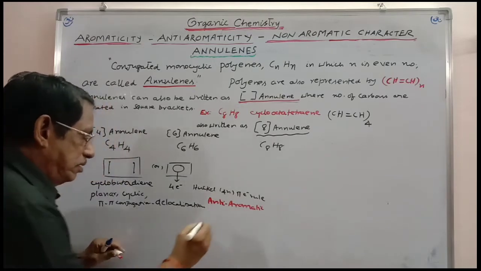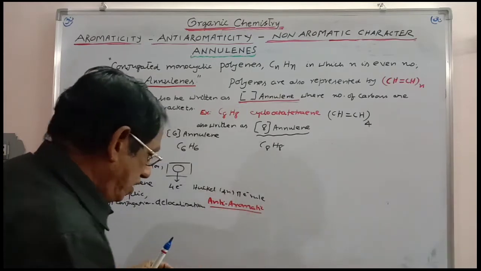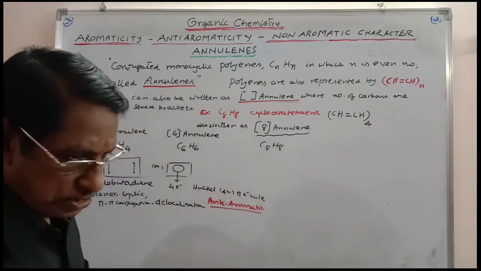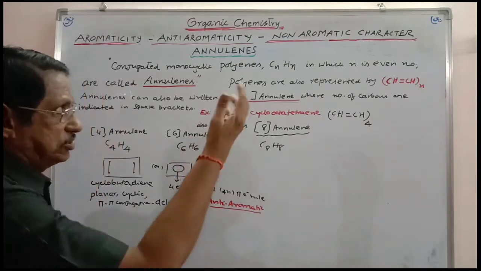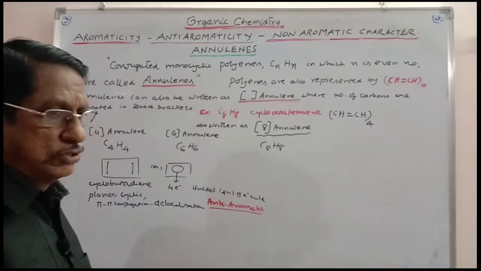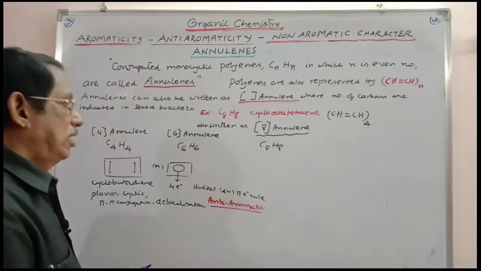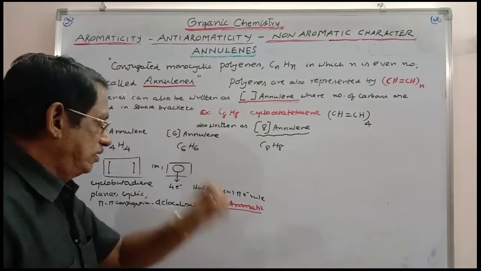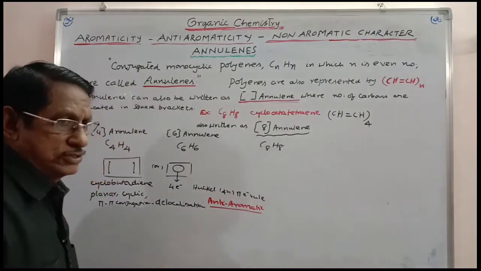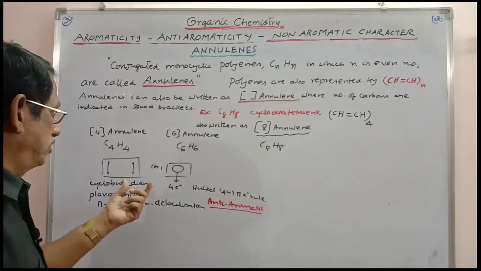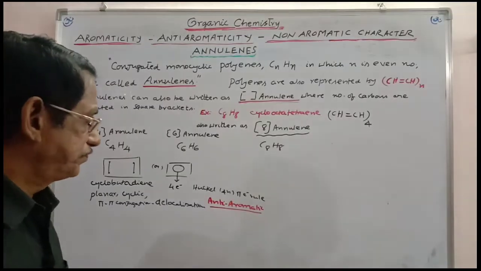You know pretty well, out of all, anti-aromatic is the least stable. Next, non-aromatic, and the most stability will be attributed to aromatic compounds. So this is anti-aromatic. In the previous videos, we already studied cyclobutadiene.